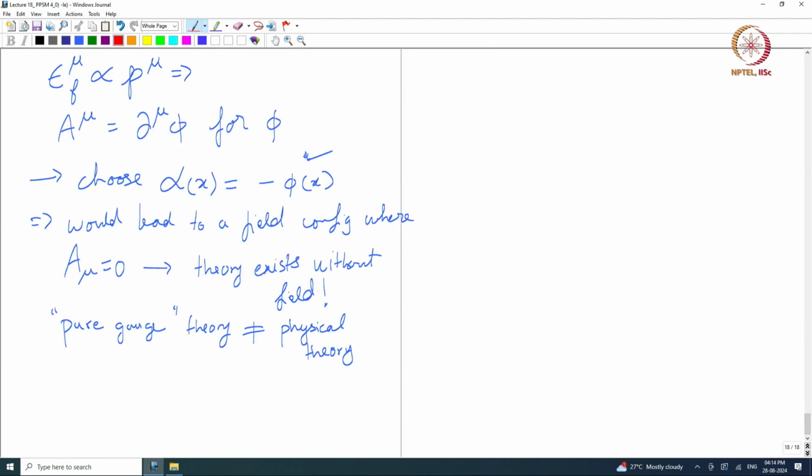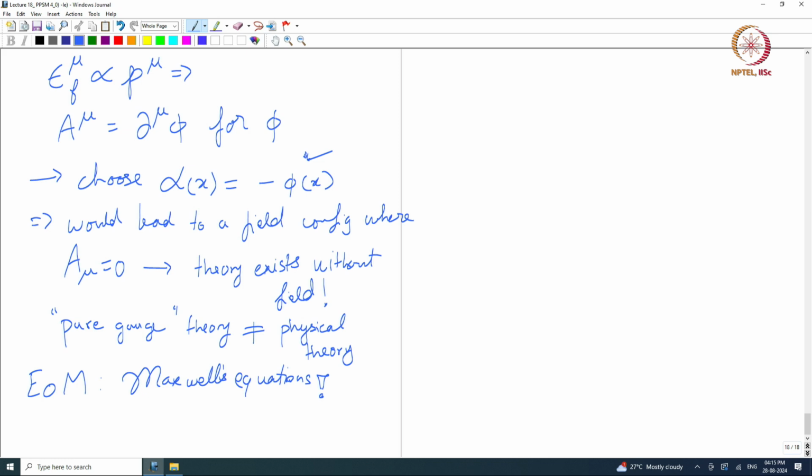Okay, excellent. Now what is the equation of motion for this? This is nothing but Maxwell's equations. Agreed? This is exactly what we are describing now with covariant tensors.